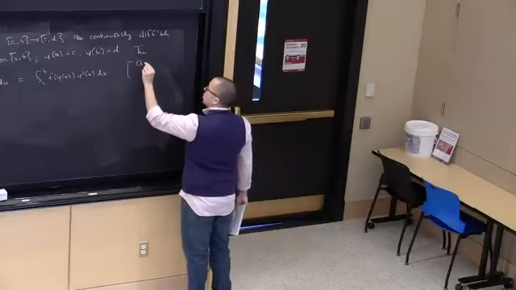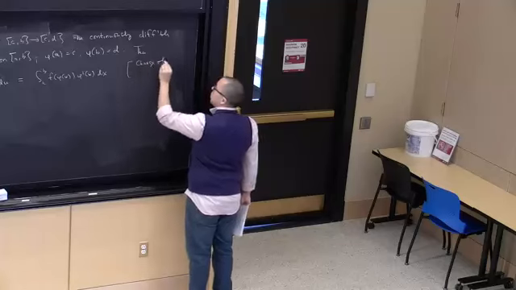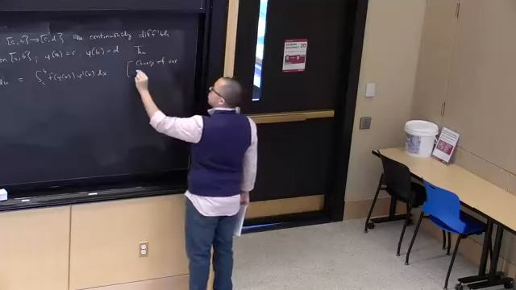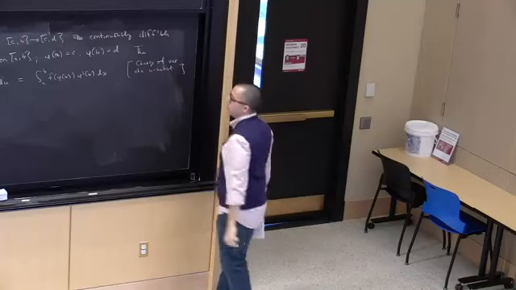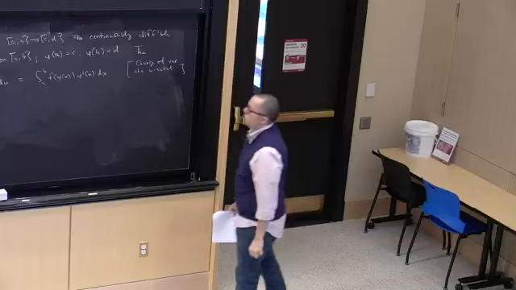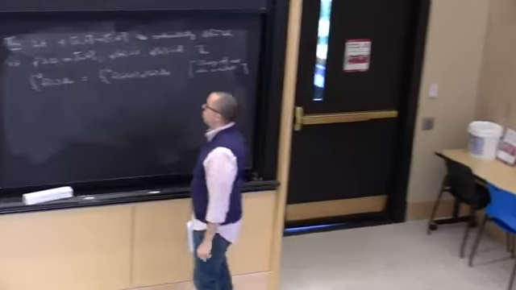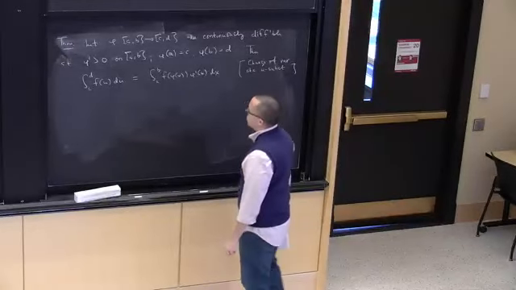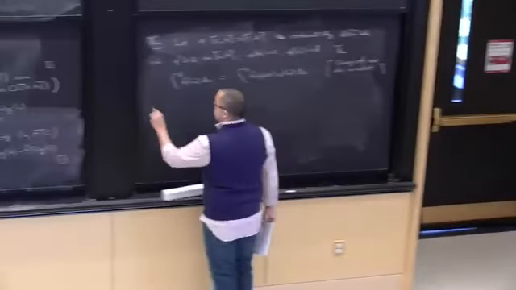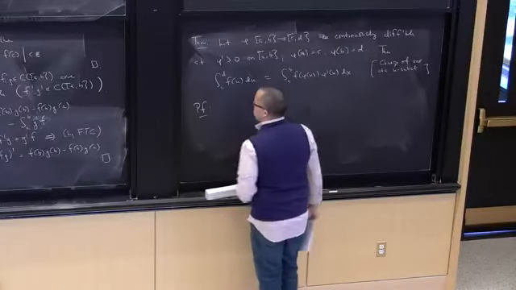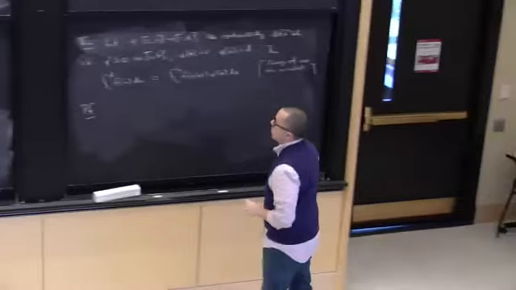So this is change of variables, aka u substitution, where you set u equal to phi of x, then du is equal to phi prime of x dx. And again, the proof of this just follows from the fundamental theorem of calculus and the chain rule.